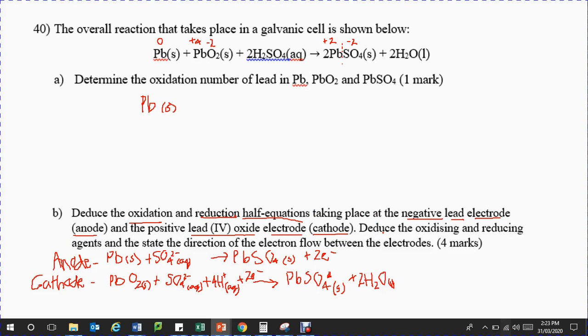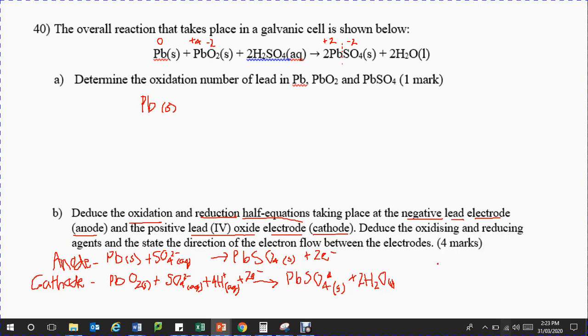Next it says deduce the oxidizing and reducing agents. If you remember, something that undergoes oxidation is a reducing agent, and something that undergoes reduction causes oxidation, so it's the oxidizing agent.